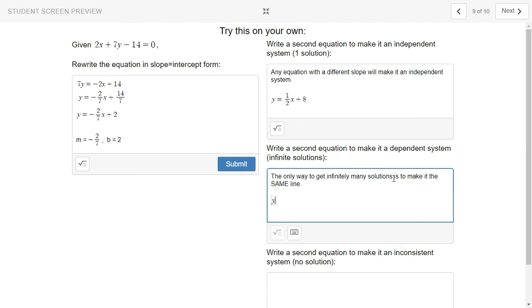So the same line would be y is equal to negative 2 over 7x plus 2. Or if we wrote it in standard form like this, we could have 2x plus 7y minus 14 is equal to 0.